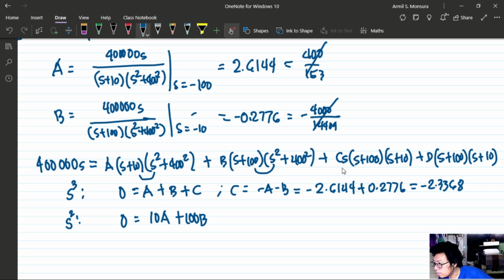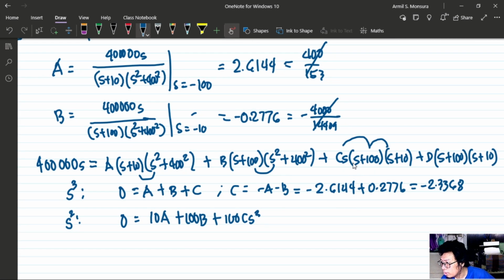Here, if you multiply, you would have something like this multiplied to this and this. So that's cs squared, I mean 100 cs squared. So plus 100 cs squared.